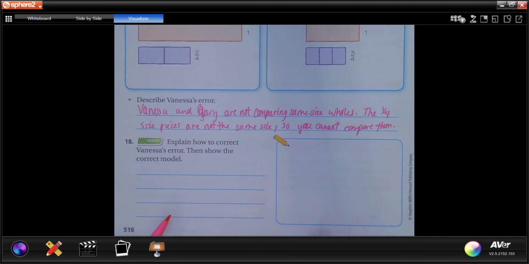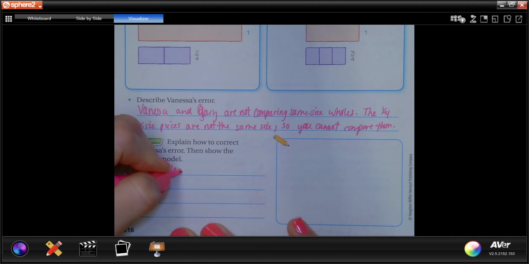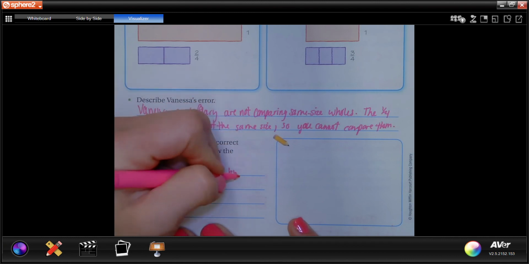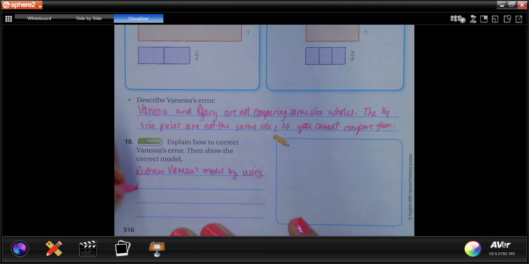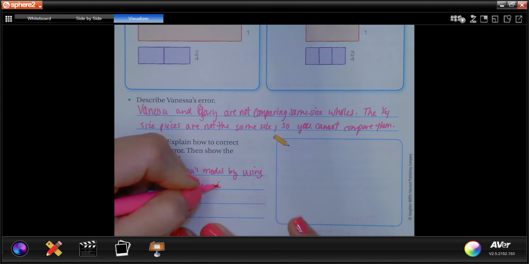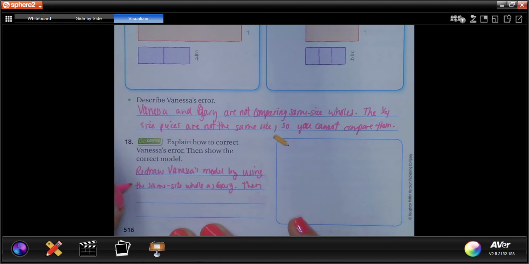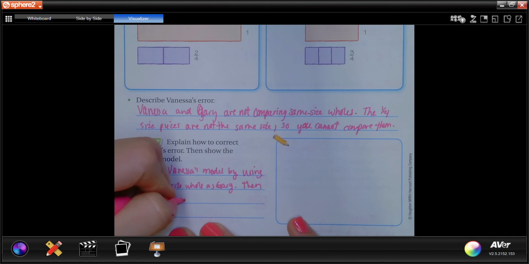Well, we're going to redraw Vanessa's model, so that we can have the same size whole as Gary. Then we will show 2/4 and compare.